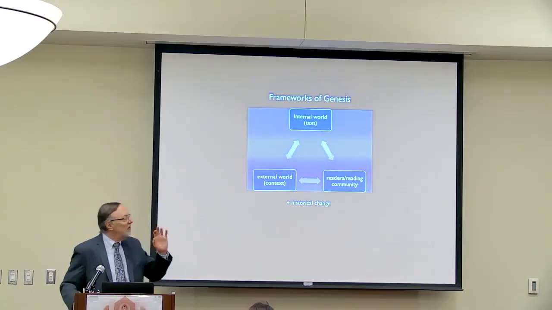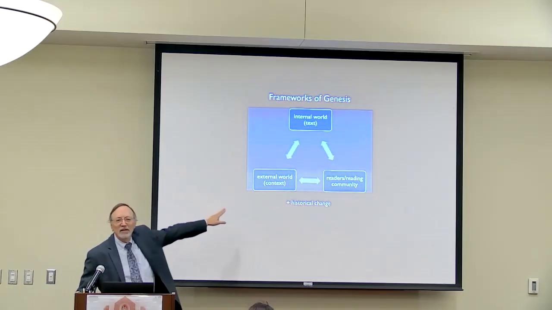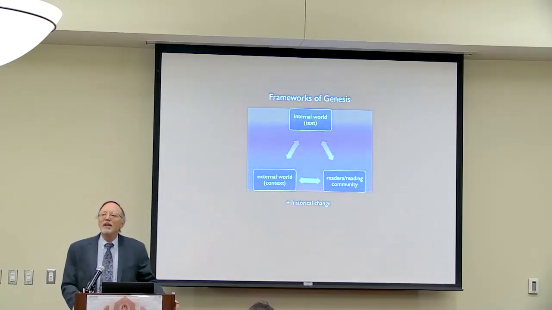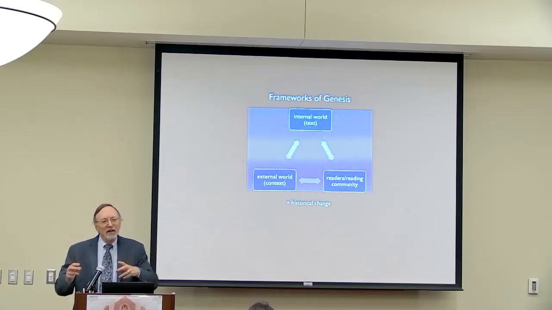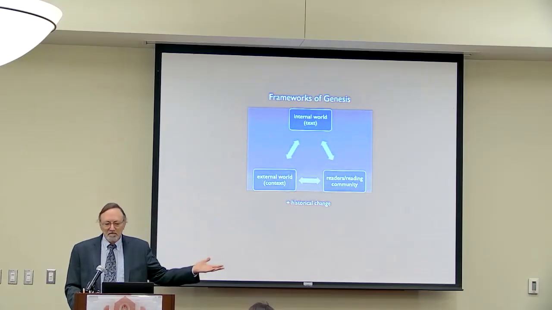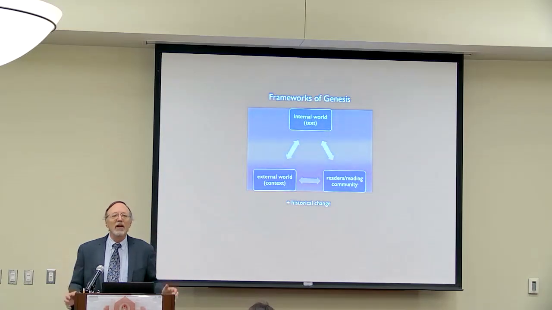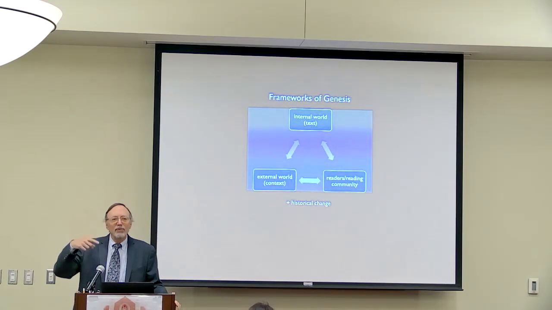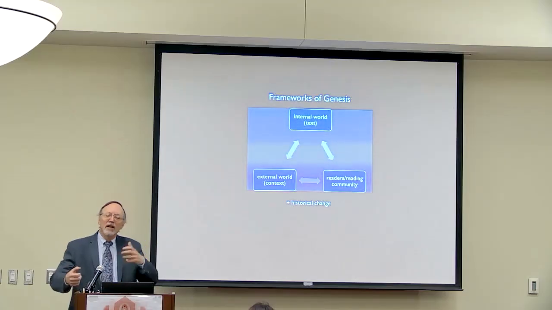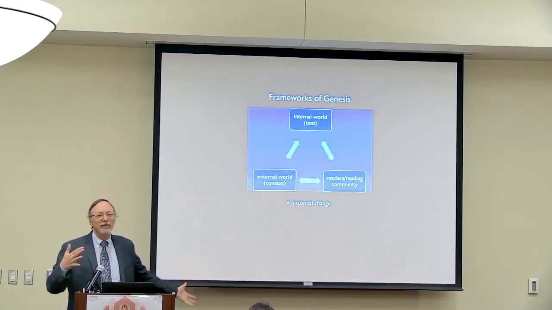There's also an external world that the internal world of the text refers to: things, objects, ideas, places. So there's always an interplay between the internal world of the text and the external world to which the text refers.